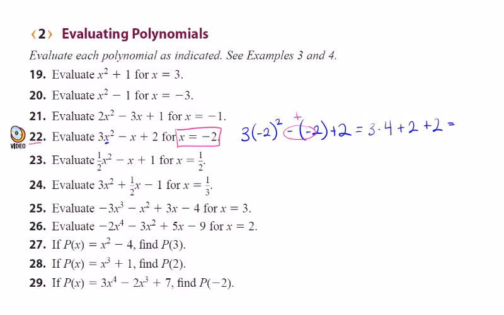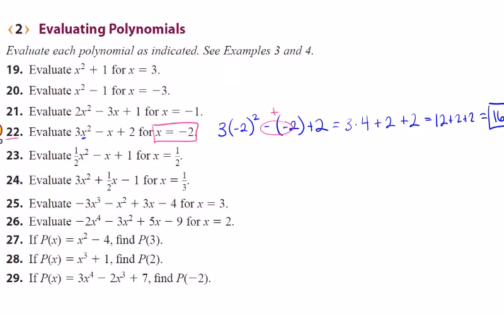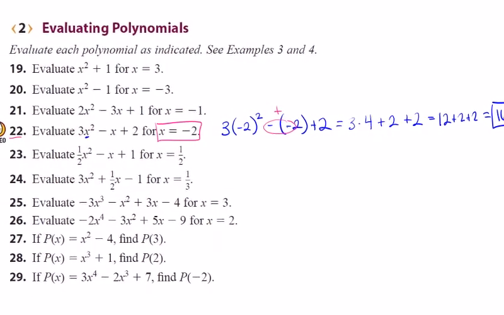So then I can multiply next before I add in. So that 3 times 4 is 12, +2, +2, and 12 plus 2 plus 2 is 16. All right? So that's how we evaluate polynomials.